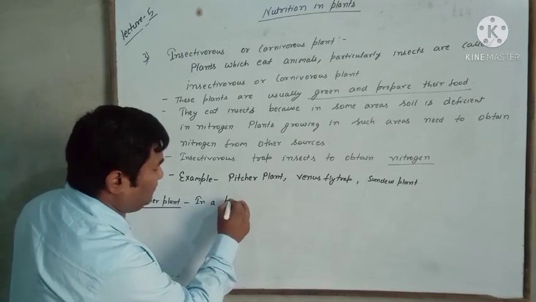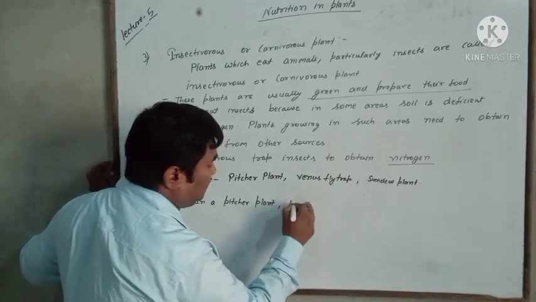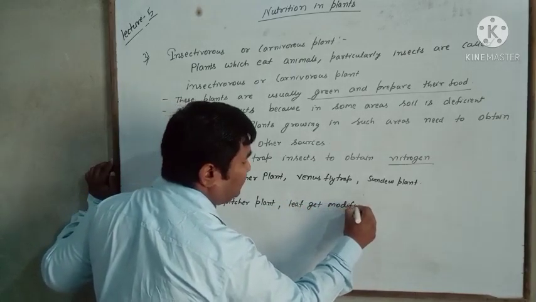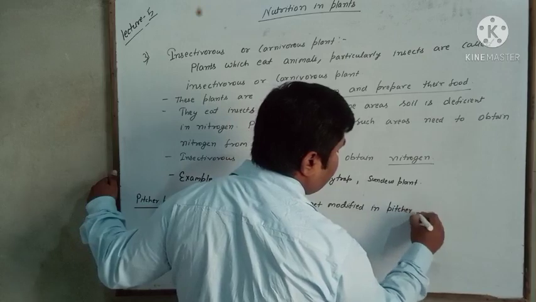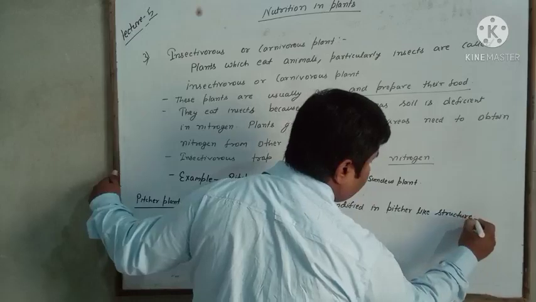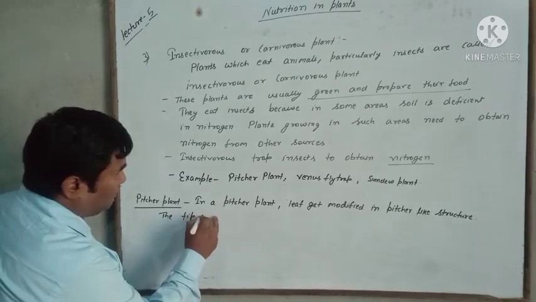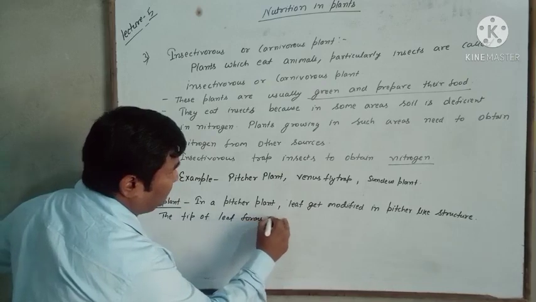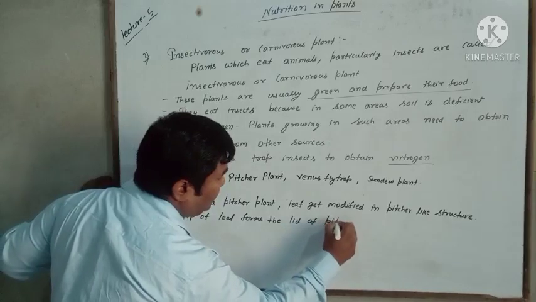In a pitcher plant, the leaf gets modified into a pitcher-like structure. The tip of the leaf forms the lid of the pitcher.